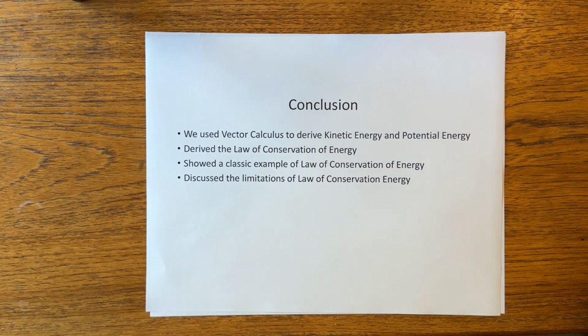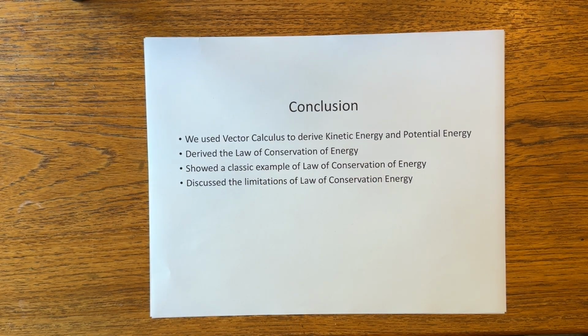So we're coming to the home stretch here, which is the conclusion of our talk. We've used vector calculus to derive kinetic energy and potential energy. I hope, if you're still watching, which I hope you are, you've enjoyed this demonstration of how vector calculus can be used to derive these very well-known formulas, kinetic energy and potential energy.